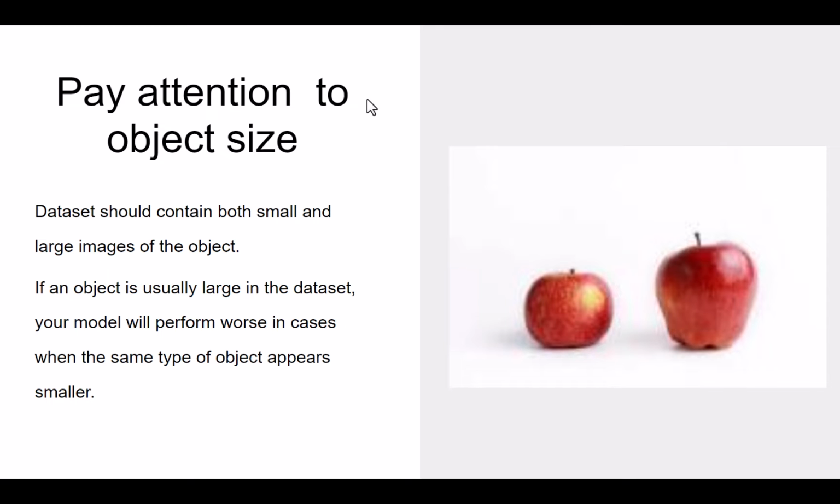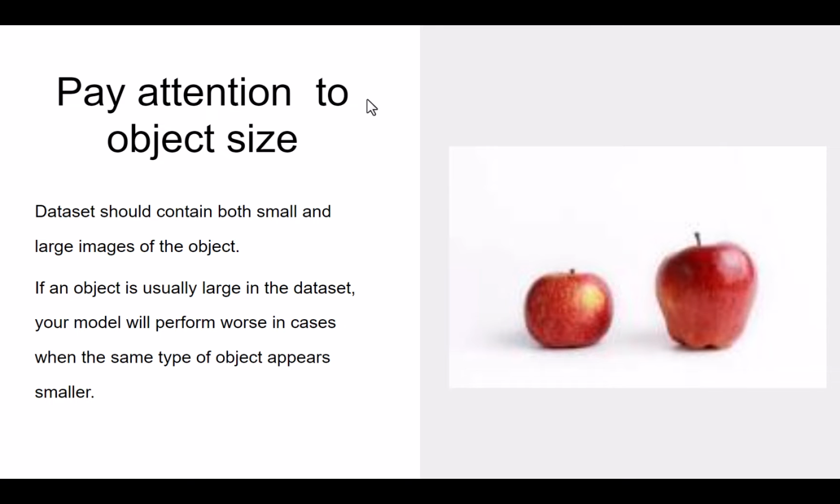If our dataset only contains images where the object is present in large size, then while testing the model, our model will not perform well when the object appears small in the testing image. If all the images contain an object in larger size, then our model will not perform well for the smaller size.